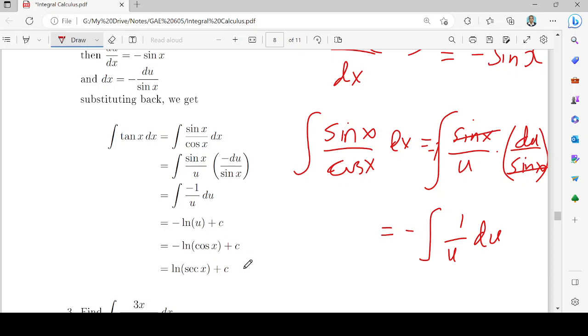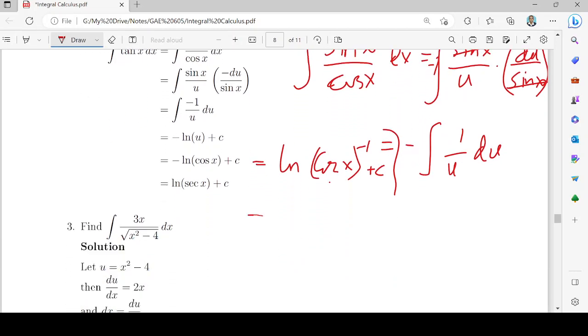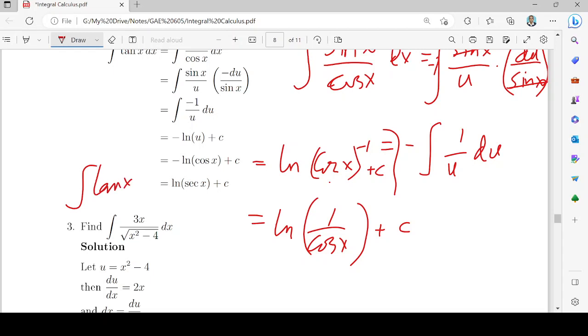This one we can write as the logarithm of cosine of x raised to power negative 1 plus a constant, of course, using the rules of logarithms, which becomes the logarithm of 1 over cosine of x plus c. But 1 over cosine of x is the secant of x. So in this case, we get the logarithm of secant of x plus c. This is the integral of tan of x with respect to x.